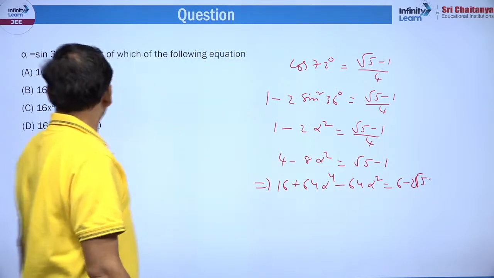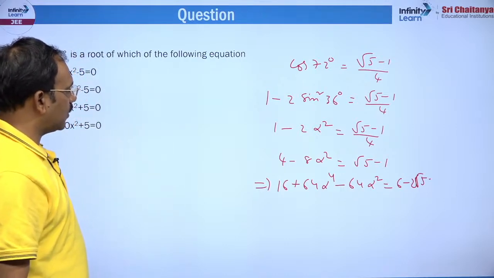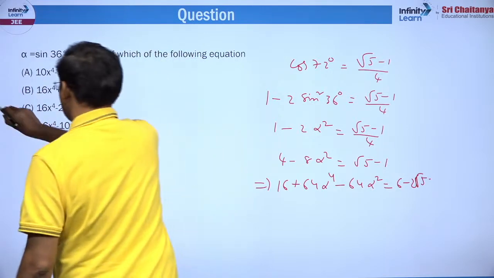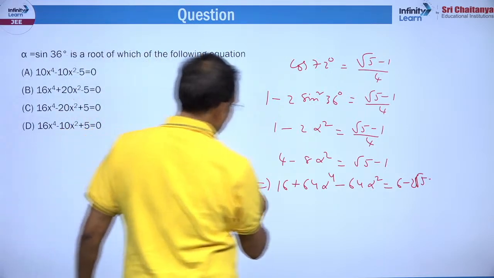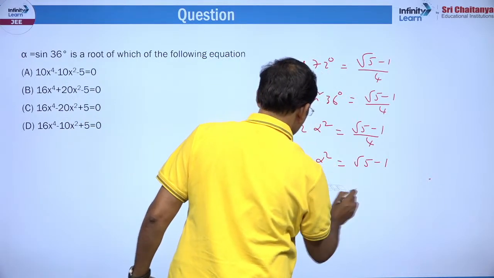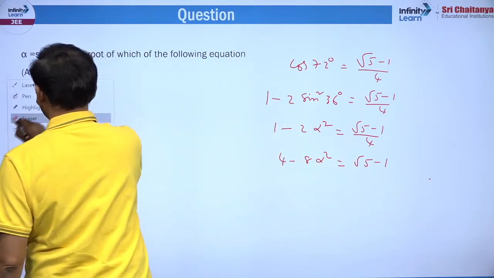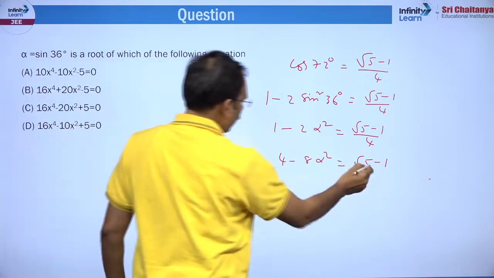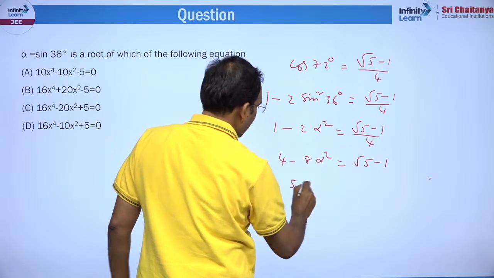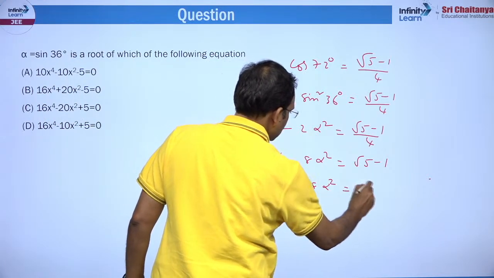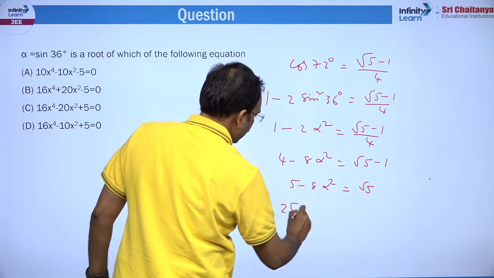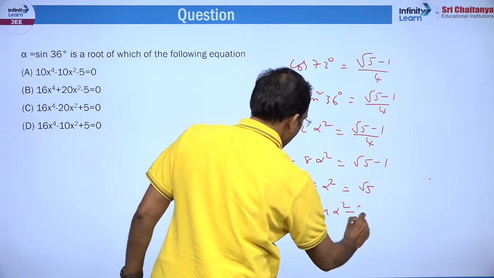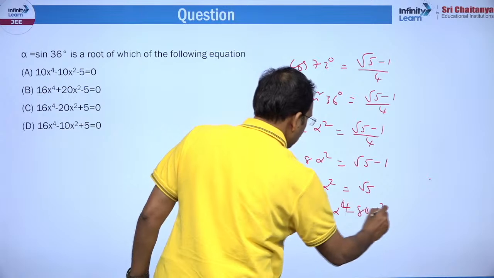Okay, you just simplify this, my dear friends. If you simplify here, there is a chance of fractions again, so we can simplify easily. You can bring 1 to this side. So, 5 minus 8 alpha square is equal to root 5. Now, you square: 25 plus 64 alpha power 4 minus 80 alpha square is equal to 5.